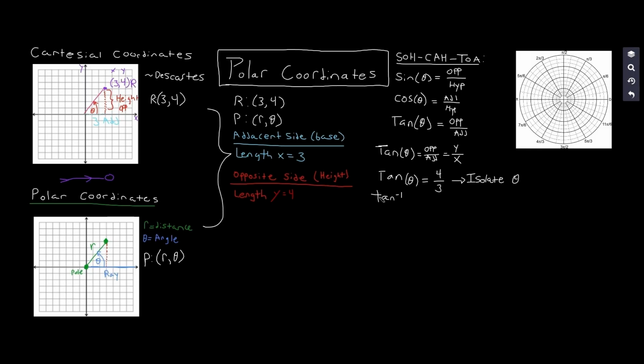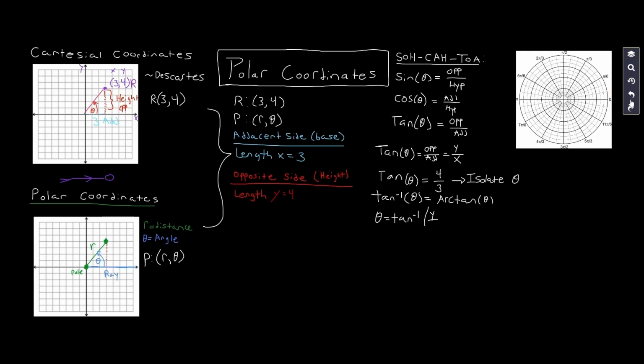I could just say this is inverse tangent, which is the same thing as saying arctangent. These things mean the exact same thing. That means theta equals inverse tangent of y over x.